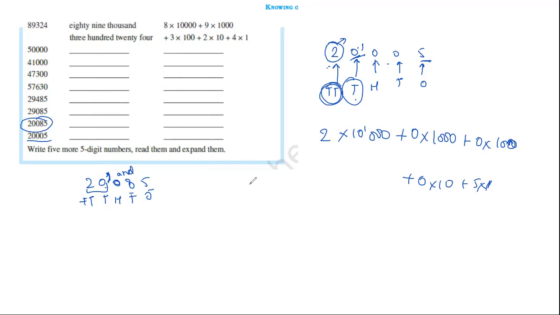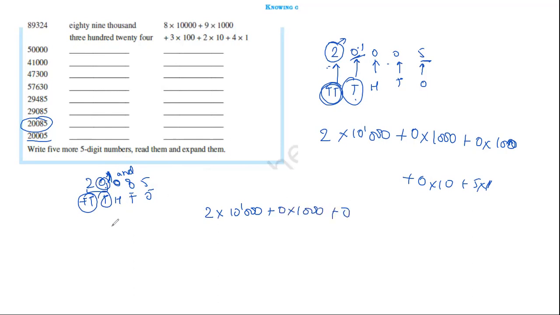Okay. In our Indian number system, that we will study in your next topic, where will we put this comma? Okay. So 20,005 like this. And if I want to write it in place value form, because it is 10,000, I'll multiply this with 10,000. This 0 is on the 1,000 place, so I'll multiply this with 1,000.